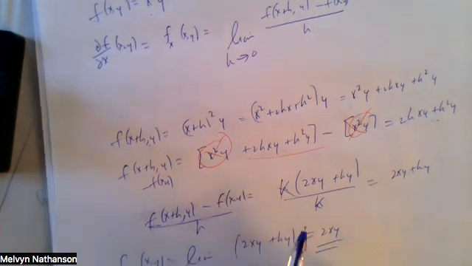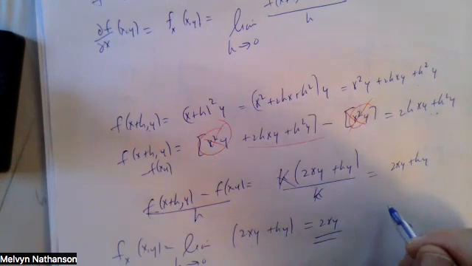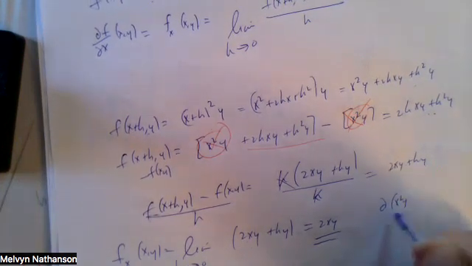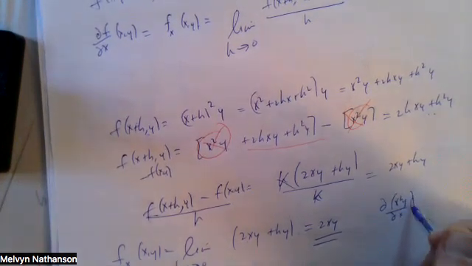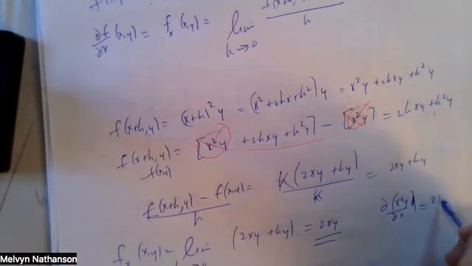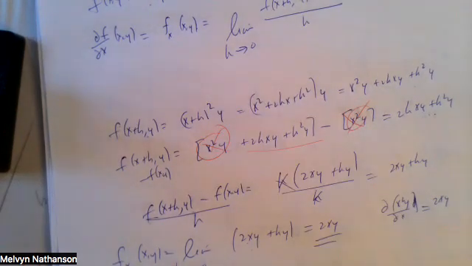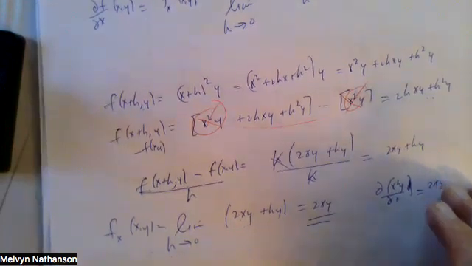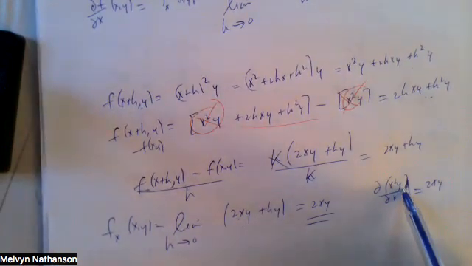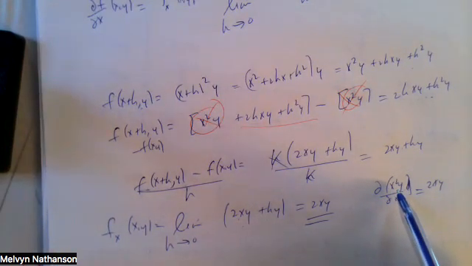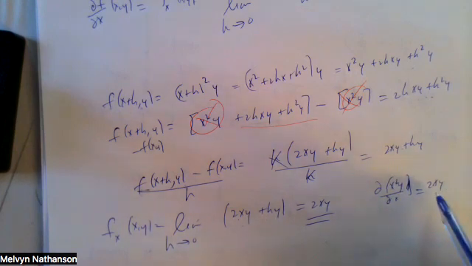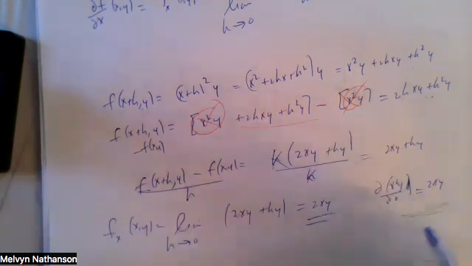So 2xy is the answer. So the partial of x squared y with respect to x is 2xy. This is exactly the same as saying, and it's also correct to say, that you treat y as a constant, so the derivative of x squared is 2x, so you get 2x times y.